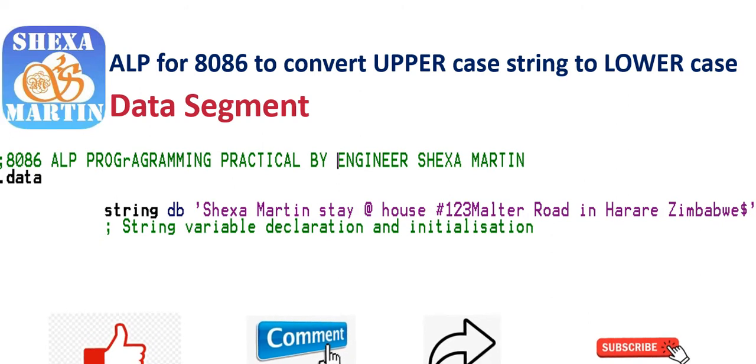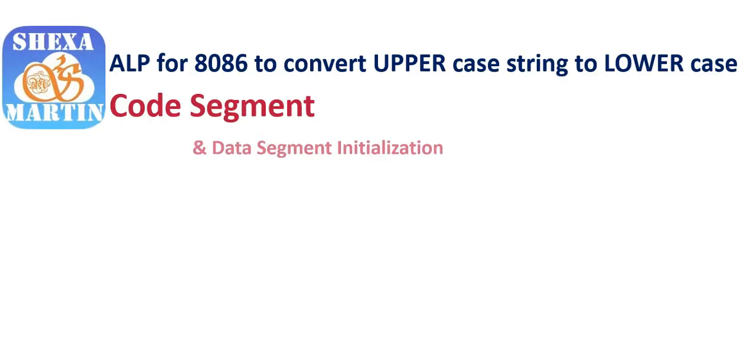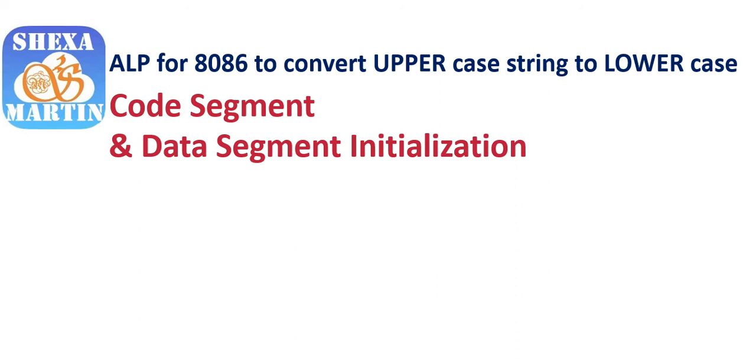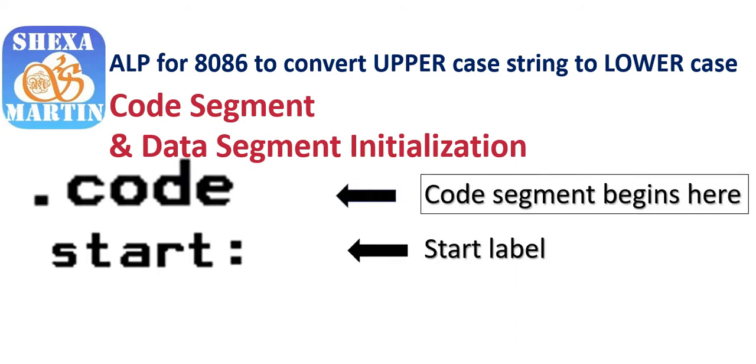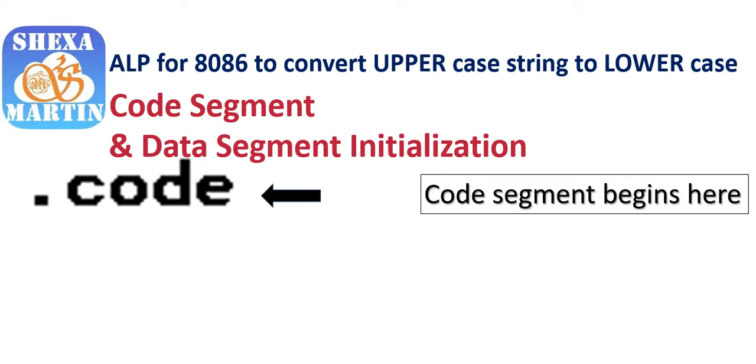If we want to start writing the code, we now open the code segment, and we write this code, which is .code. So the code segment begins here. Every code that exists within an ALP exists within the code segment.